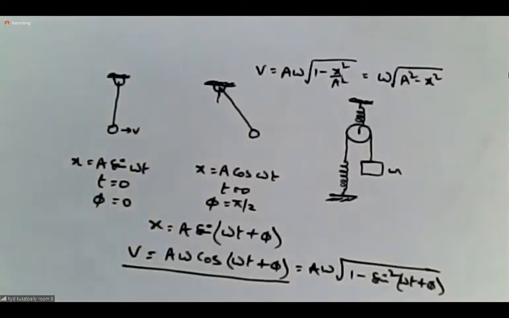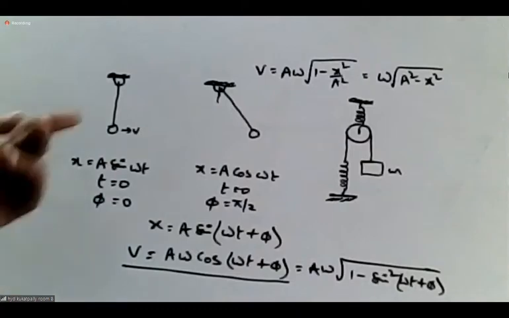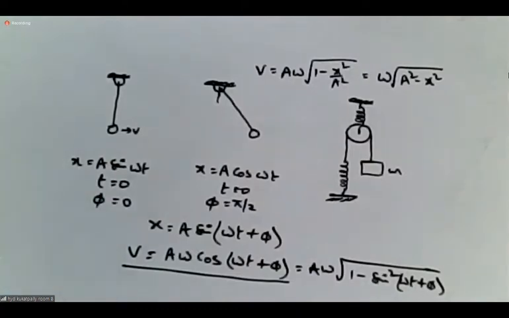Maximum velocity is at the equilibrium position. When x equal to 0, velocity is maximum. That means when it is passing through the equilibrium position, velocity will be maximum, a omega.